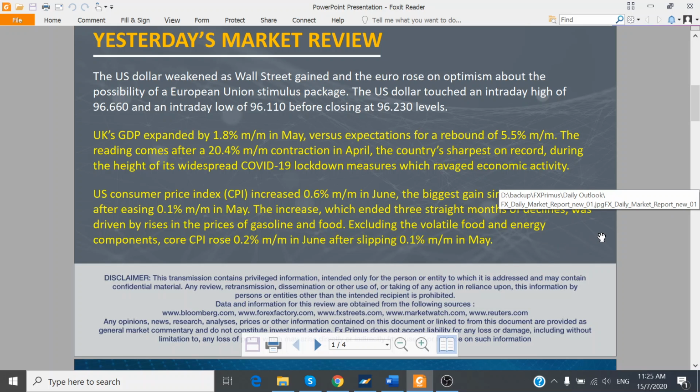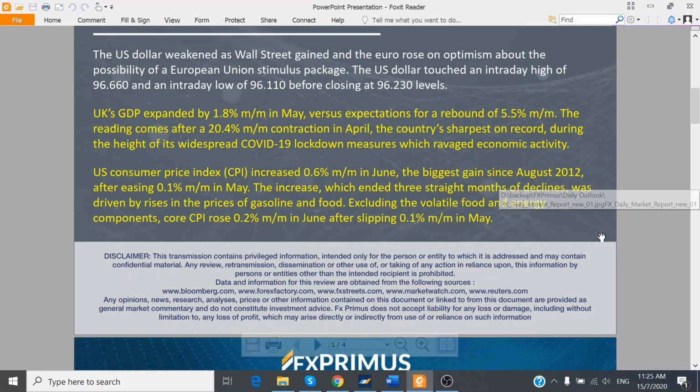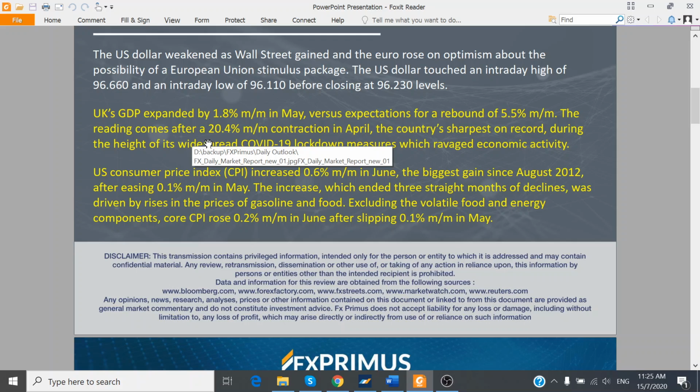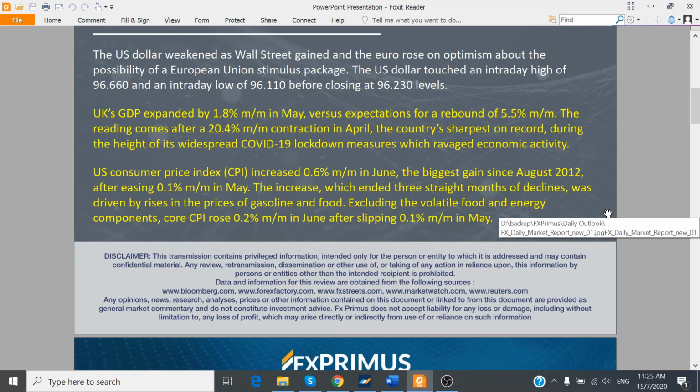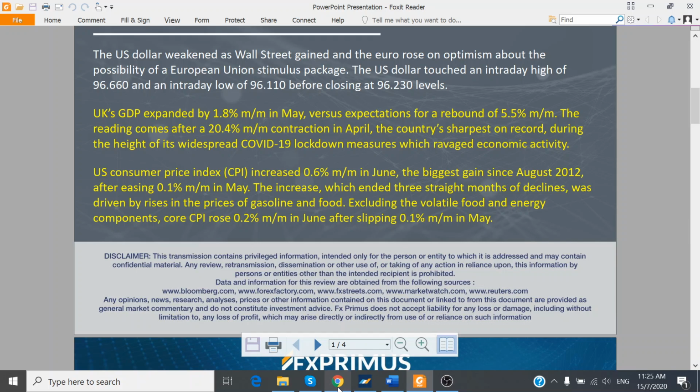Okay, so again, as mentioned, the reading comes in way better than a 20.4% contraction in the month of April. And of course, just now we mentioned on the US Consumer Price Index data, the consumer price increased by 0.6%.